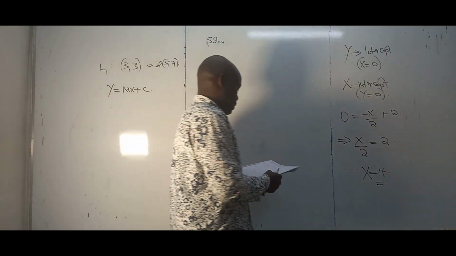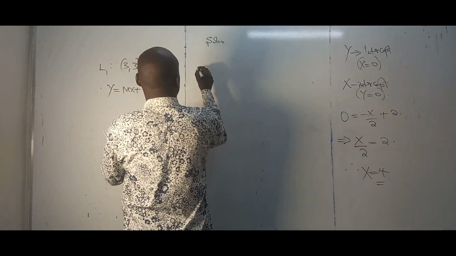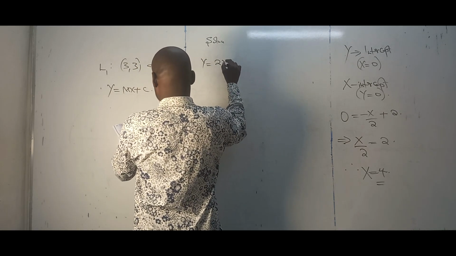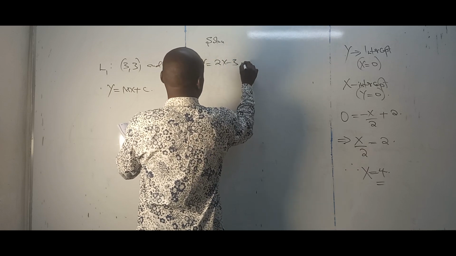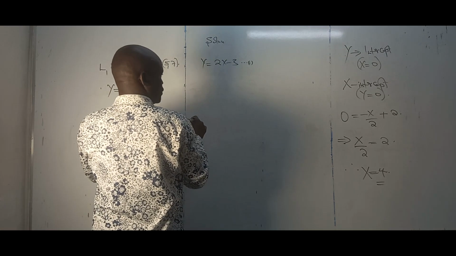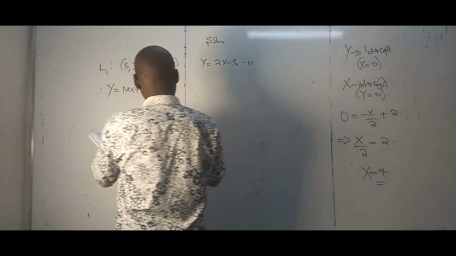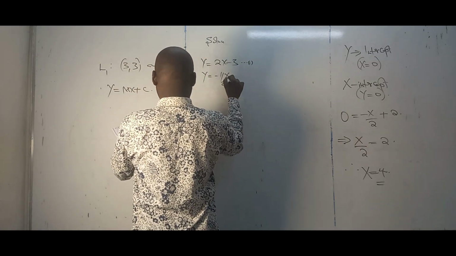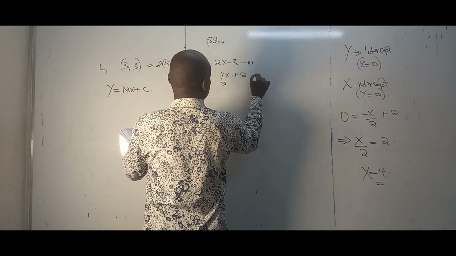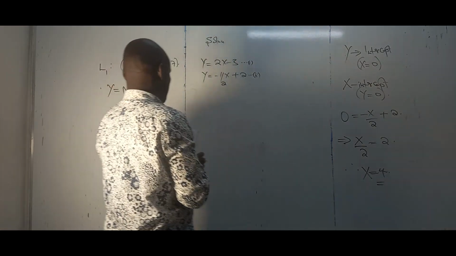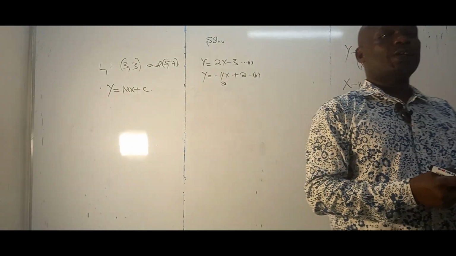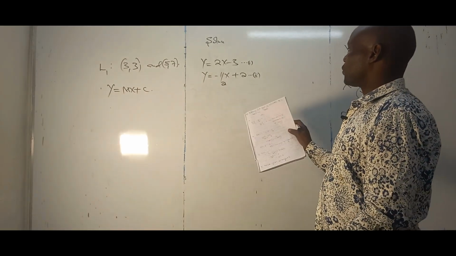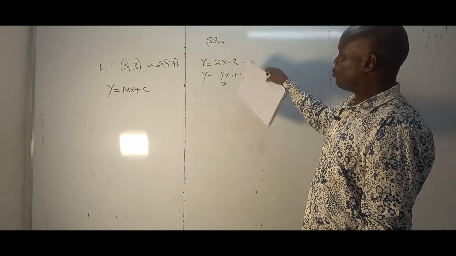So we have L1 to be y is equal to 2x minus 3, and L2 we found to be y is equal to minus half x plus 2. To determine the point of intersection, we are required to get the x and y coordinates at that point. For us to do that, we are going to solve these two simultaneously.